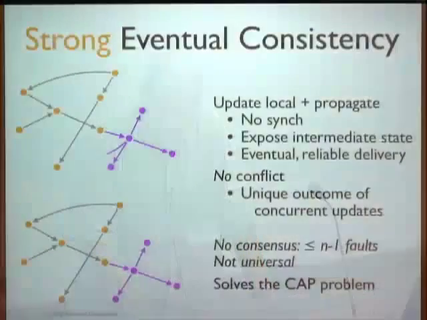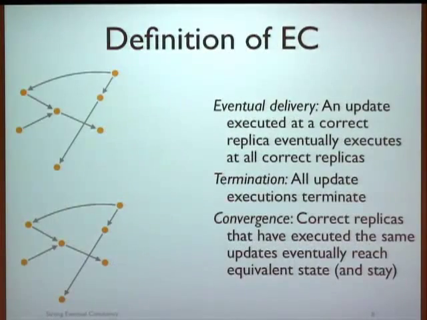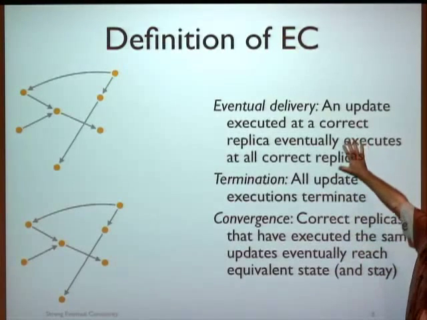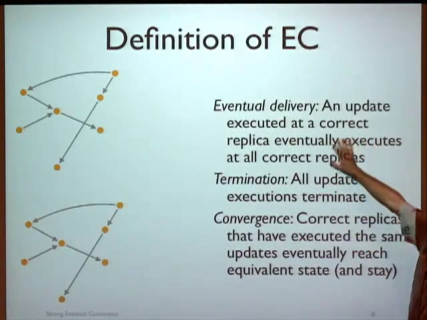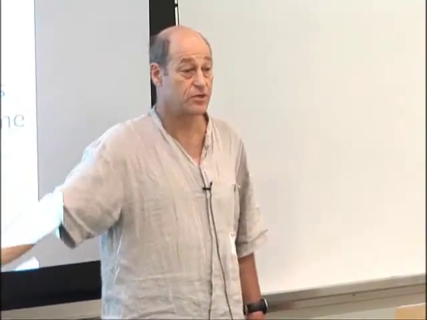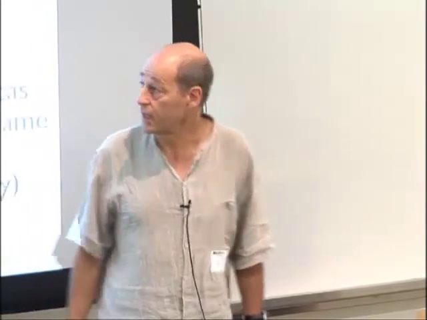Now if I look at the formal definition, eventual consistency is defined by these three properties. Eventual delivery says that any operation that is executed at some replica will eventually be executed at all replicas. Termination says that all updates will eventually terminate.